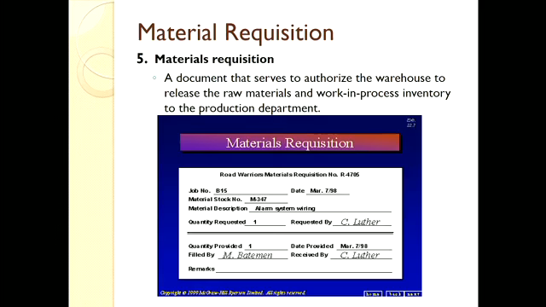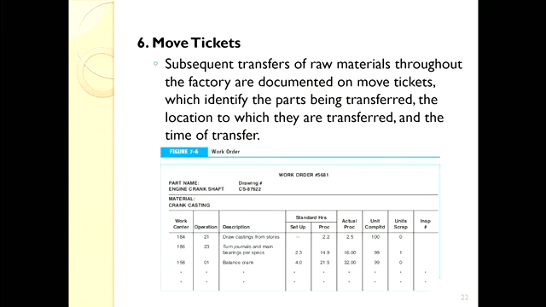And there are some other source documents. The move tickets. As I said, if a company like Apple has different departments in different countries, then they need these move tickets. Move tickets allow the company to track, on which date, what type of material is in which country.